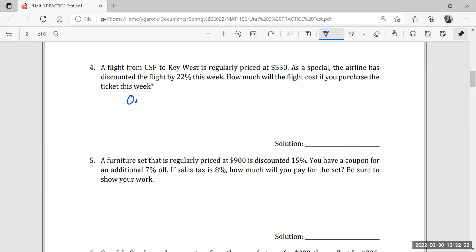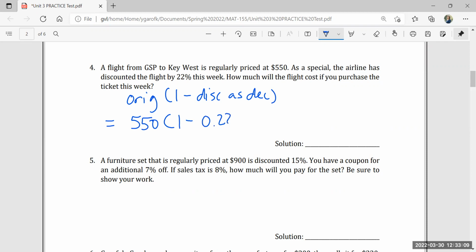So we can do the original times 1 minus the discount as a decimal, okay? So our original is going to be 550, and we're going to multiply that by 1 minus 0.22. And if we enter that into our calculator, we are going to get $429.